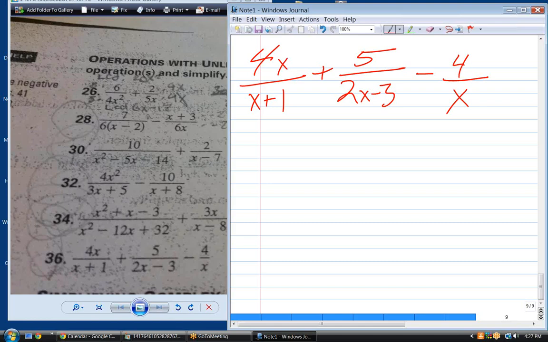What's the least common denominator going to be here? It would be x plus 1 multiplied by 2x minus 3. Is that a common denominator? Or do you have to add the x? Well, it has to satisfy the definition we're looking for.